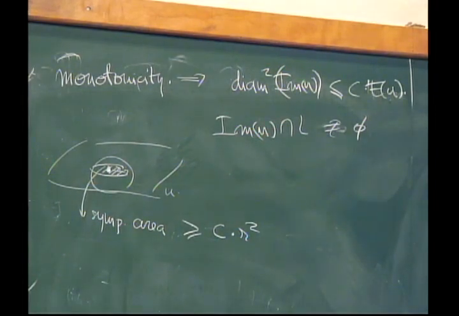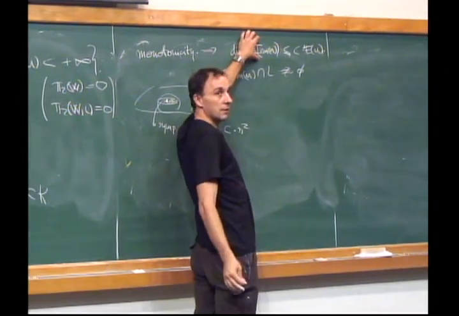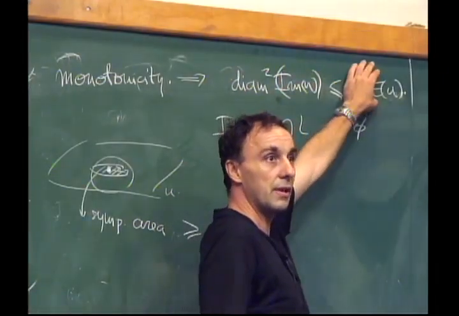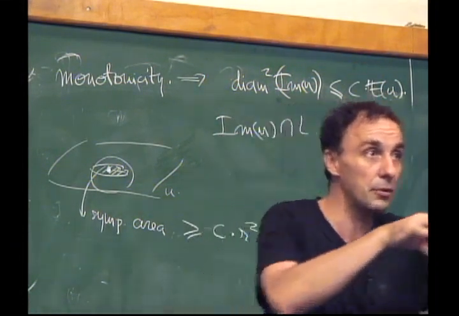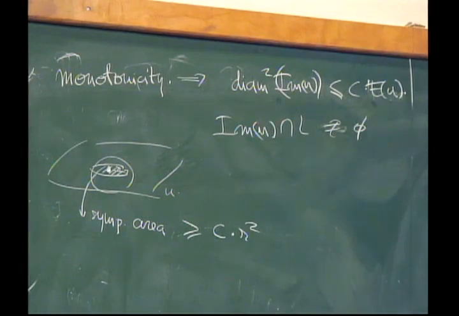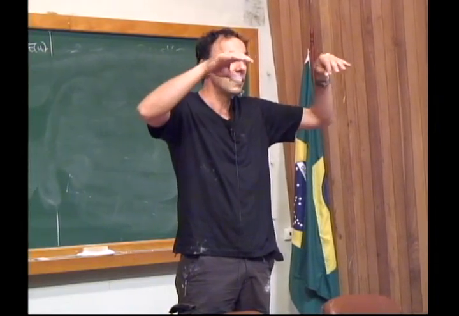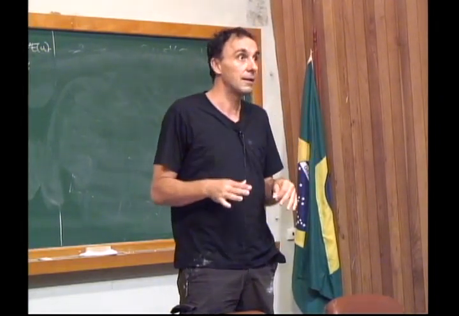And if your diameter is arbitrarily large, then of course you exceed the energy here, which is the symplectic area, by putting disjoint balls, intersecting this holomorphic curve with disjoint balls, and then for each one we have an amount of symplectic area.